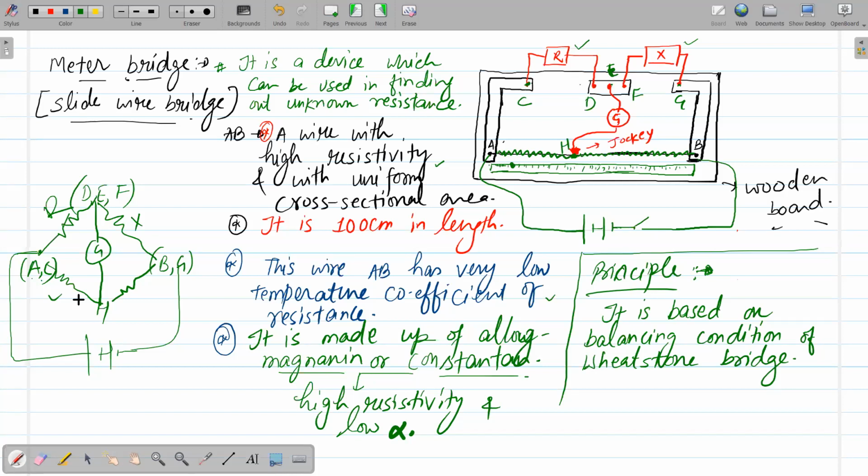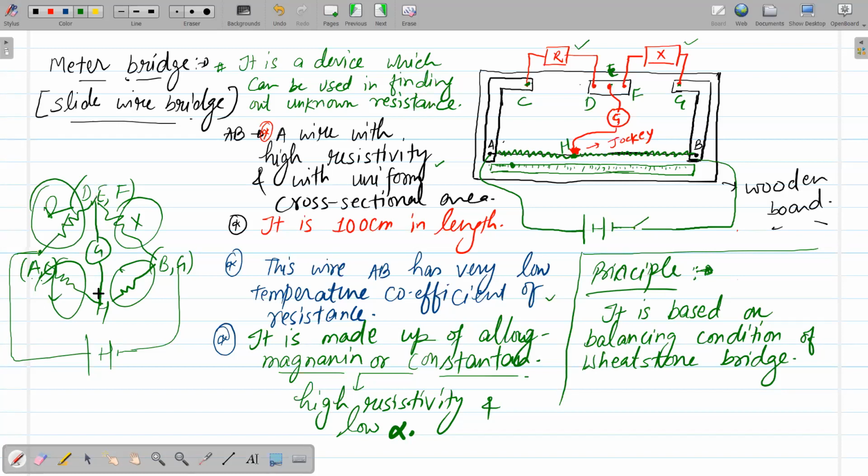That the meter bridge works on the balancing condition of Wheatstone bridge. So what is the balancing condition of Wheatstone bridge? The balancing condition is that if this resistance divided by this resistance equals this by this, then no current will be flowing through the galvanometer, right?